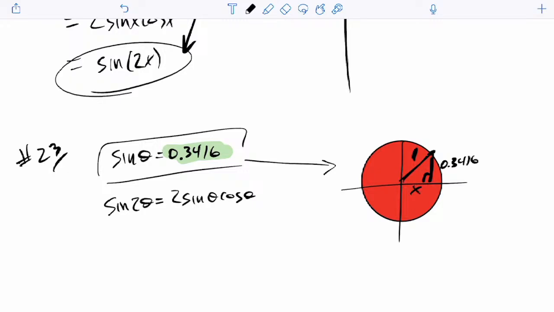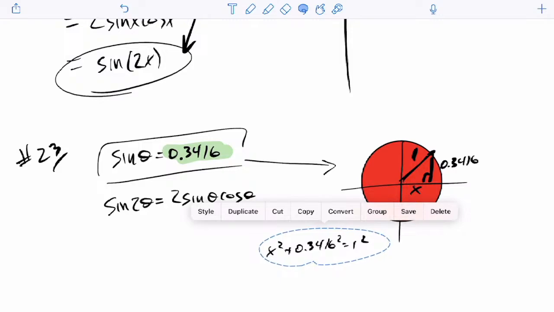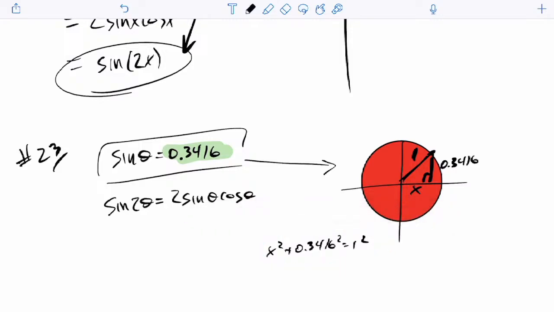So therefore, if I want to find this x value, you just use your Pythagorean theorem. So I get x squared is 1 squared minus 0.3416 squared. So 1 minus 0.3416 squared, and the square root of the answer.